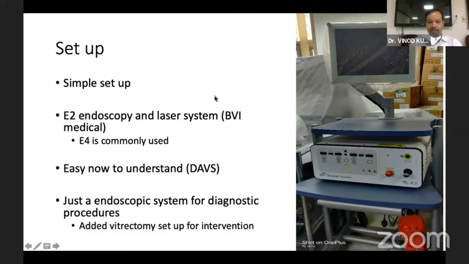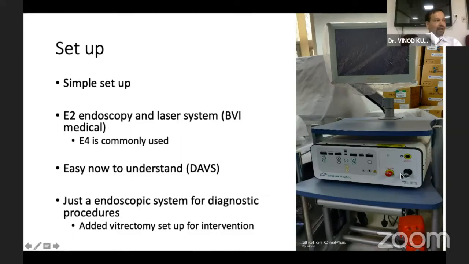Many versions are available, the latest being the E4 endoscopic system. The system consists of a console with a single probe, which has ports for lighting, the camera, and the laser. The whole console is attached to a monitor, which displays the image from the camera.